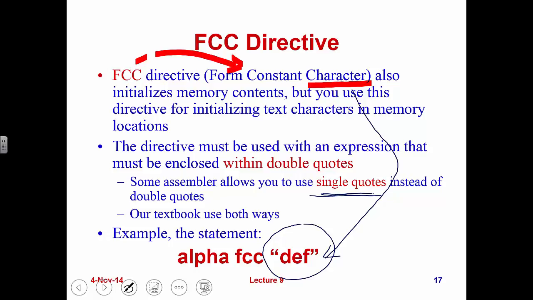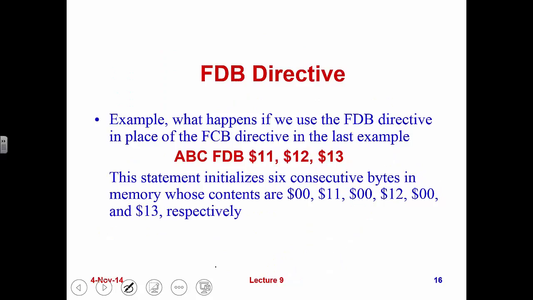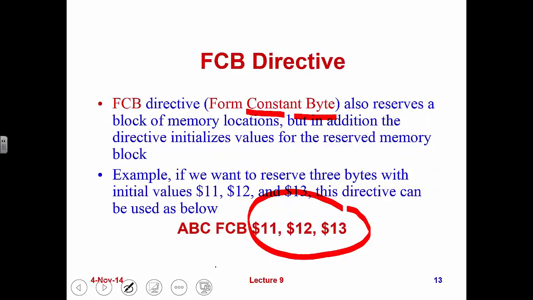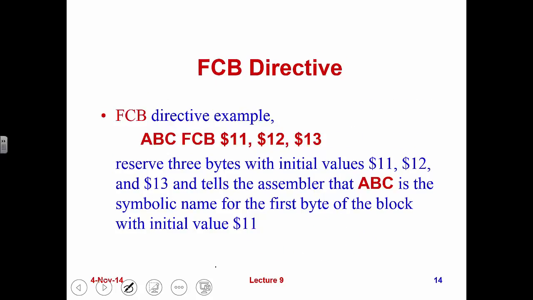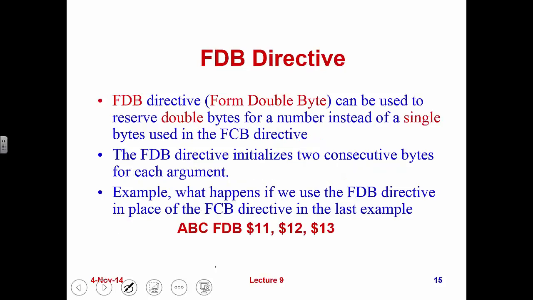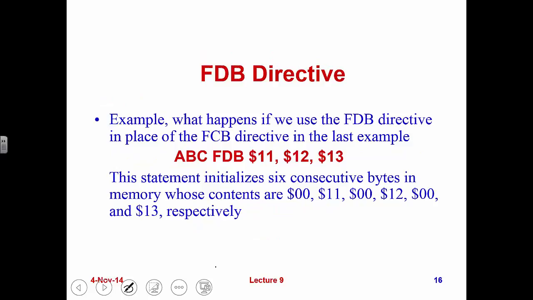Here we also labeled it alpha. That's the same way as I showed you before, like here ABC, or here the TMP, same idea. That's where we can refer to this block of memory in the rest of the program.